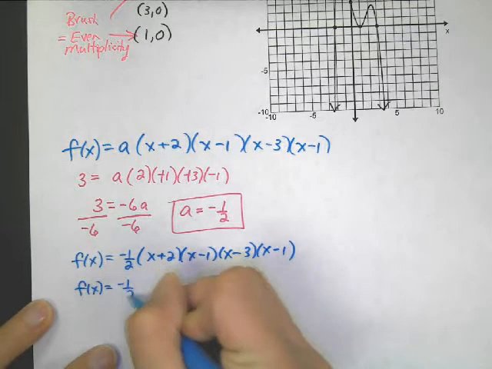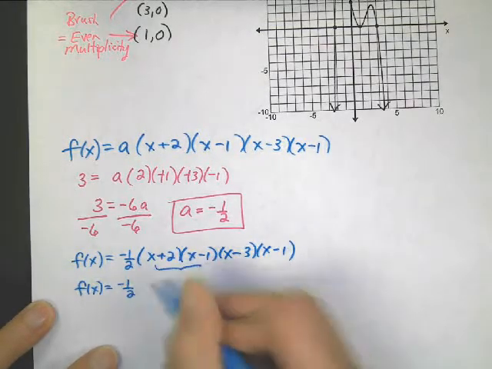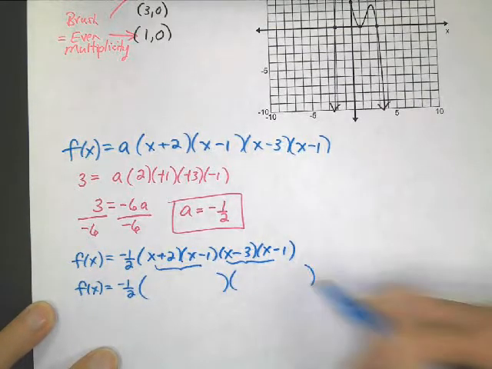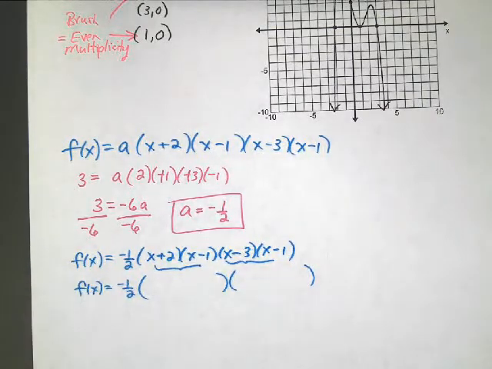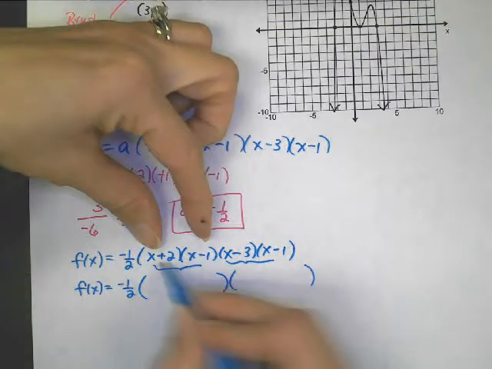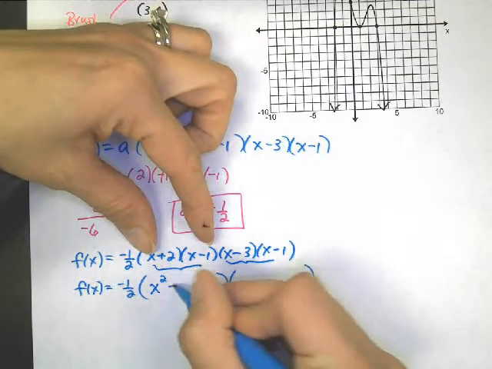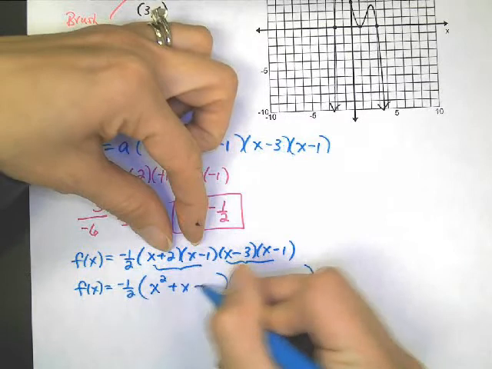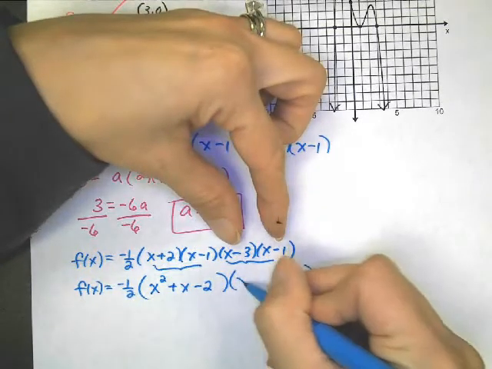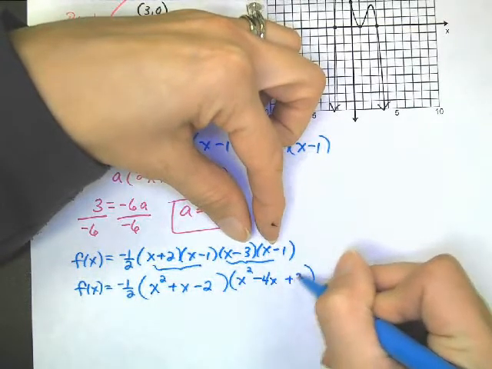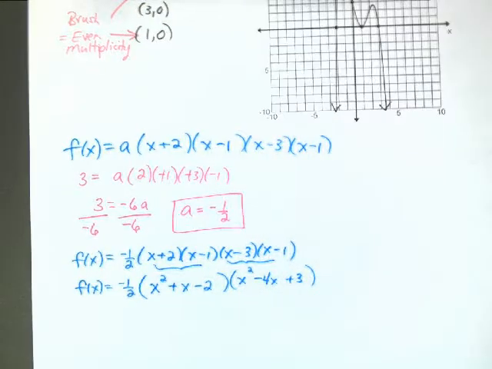So let's do these 2 since they're next to each other, and then these 2. It doesn't matter as long as the answer at the end is correct. So the first 2: x squared, outers and inners plus x, lasts minus 2. Here, the first x squared, outers and inners minus 4x, plus 3.